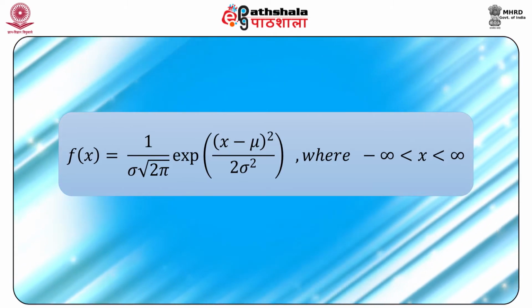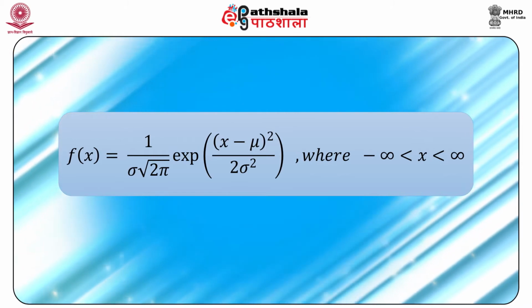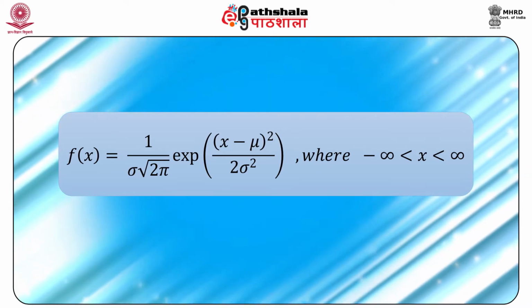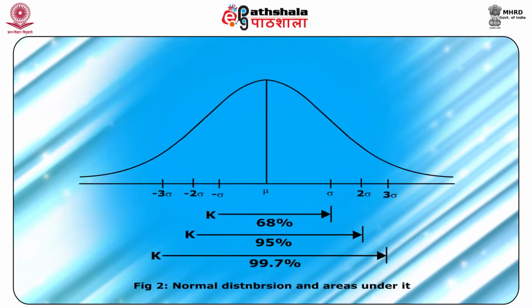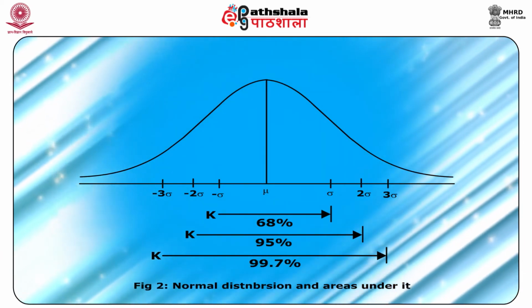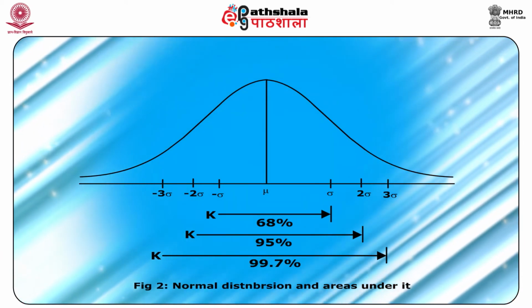Now in this distribution you will find that mu and sigma square are parameters of the distribution and they represent mean and variance respectively. The normal distribution is shown in the figure, and you can see it is a bell-shaped distribution.